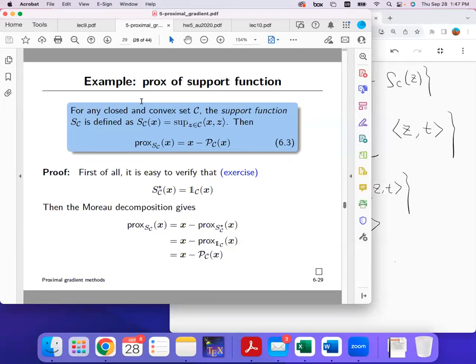So we're out of time, but the support function is looking for the vector z that has the maximum correlation with x in the convex set.